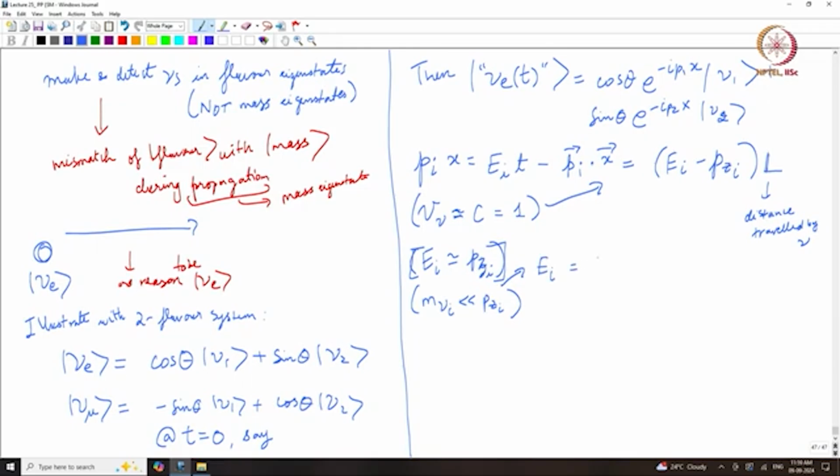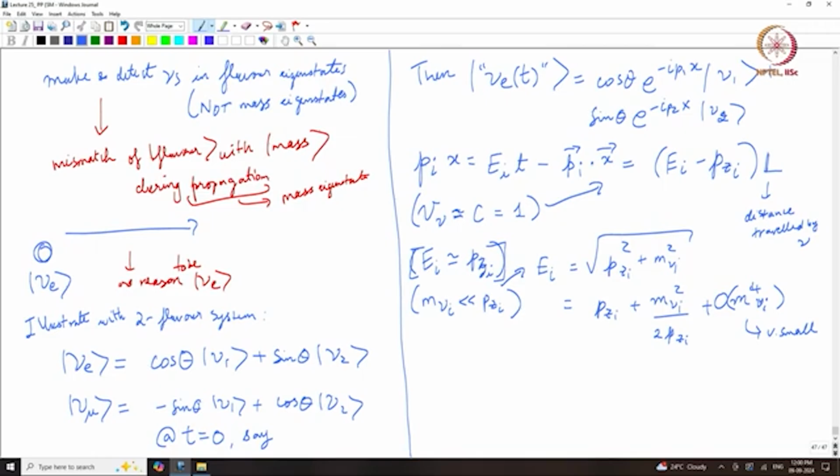The expansion is this: the energy, in the relativistic limit, is P z i plus m nu i squared over 2 P z i plus terms that are order m nu i to the 4th. Basically these are very small, so we are going to neglect that.